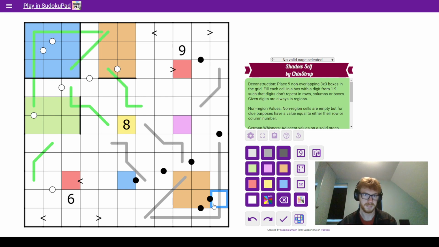I guess. Yeah. But looking back at the puzzle, I was thinking about these two, right? While I was having my monologue, these two can either be 10 or 11, or be part of the orange region, right?